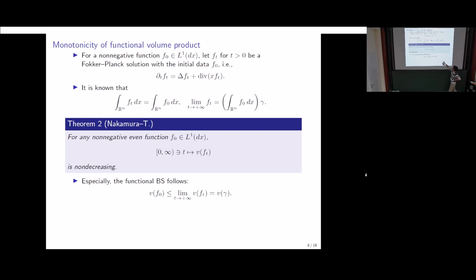Because f_0 is better than f_infinity in some sense, since this quantity is non-decreasing, and f_infinity in some sense means the Gaussian measure. Therefore, I can say that the volume product is bounded by that of the Gaussian.